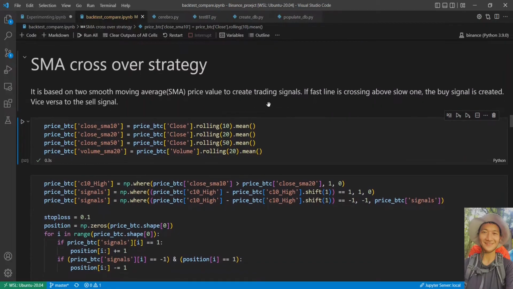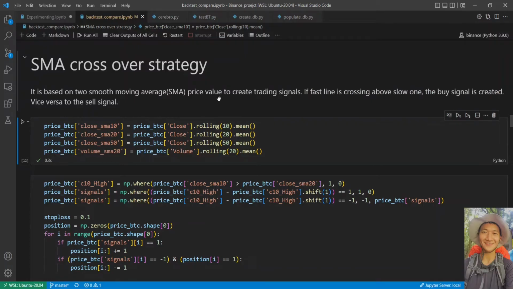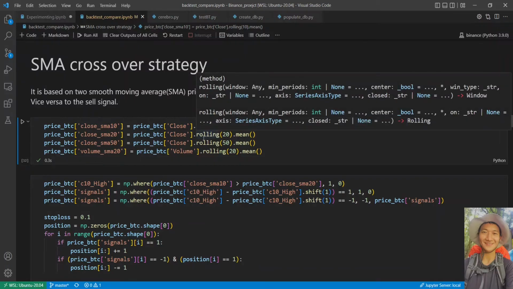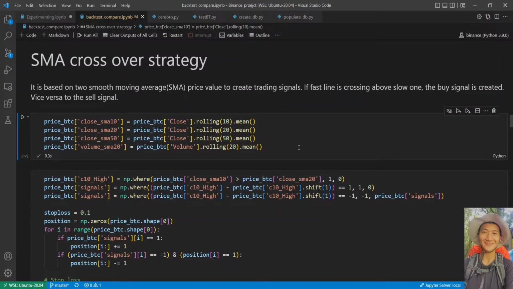In this notebook, I will use a period of 10 days as the fast line and a period of 20 as the slow one. The period 50 is something I tried to use as a stop loss criterion, but in this notebook I didn't use it.